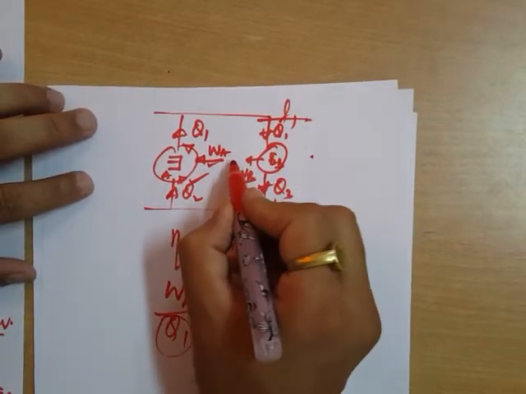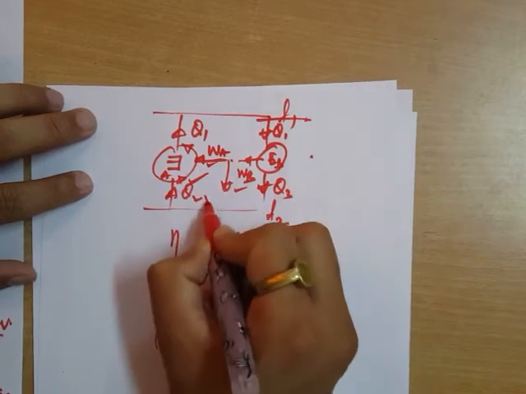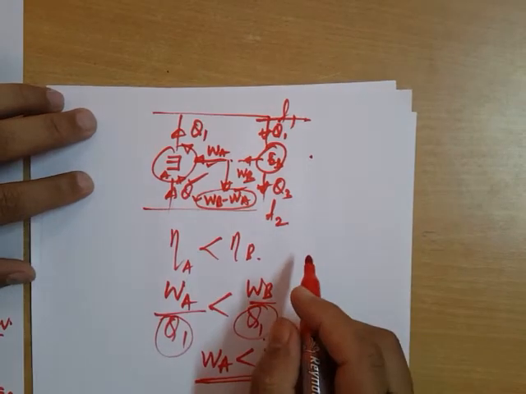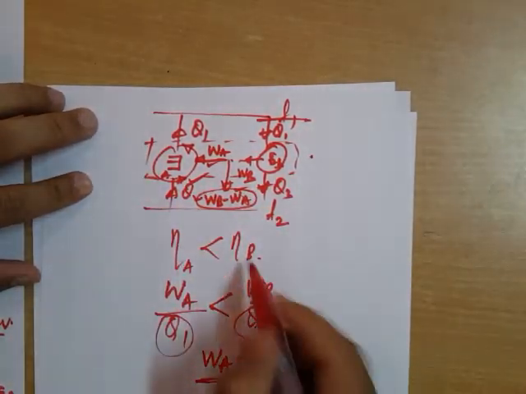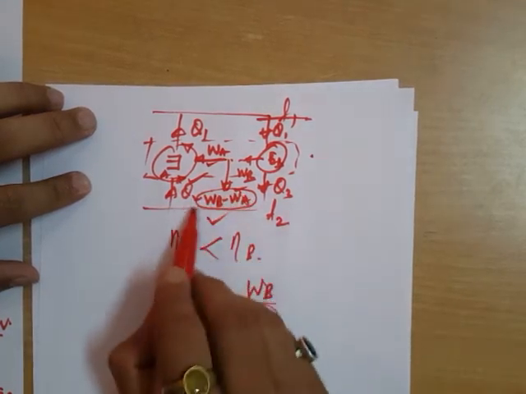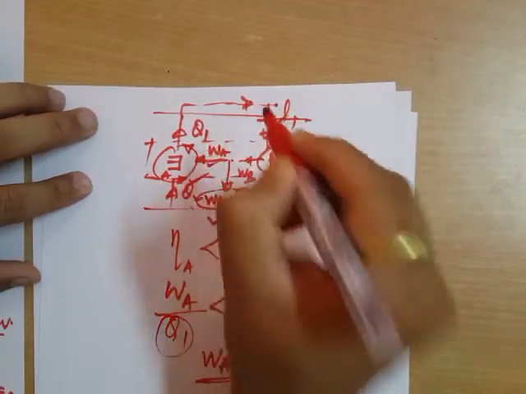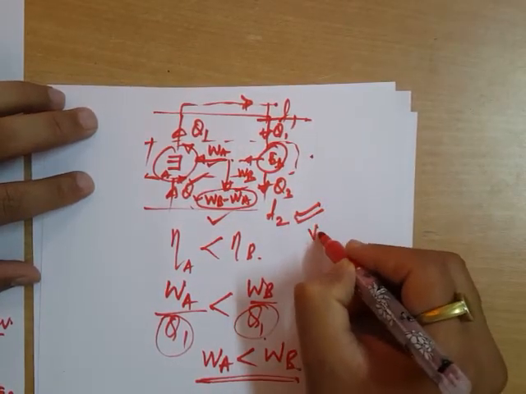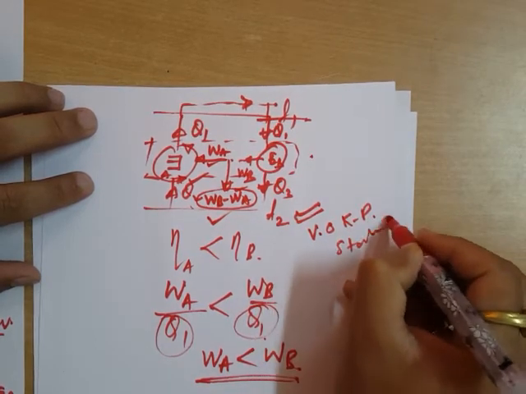So what I can do is transfer this WA from this only, and the balance, that is WB minus WA, will be the net work from this particular assembly. So I am making an engine which is working in a cycle and developing a work WB minus WA, interacting with only a single thermal energy reservoir. That is a violation of the Kelvin-Planck statement.